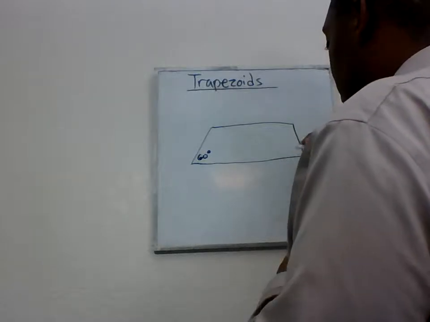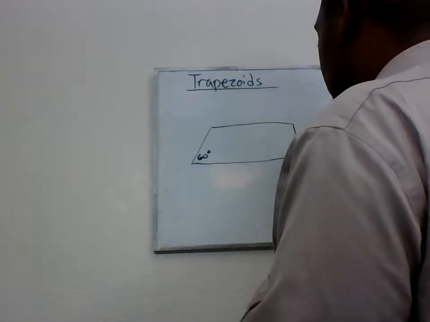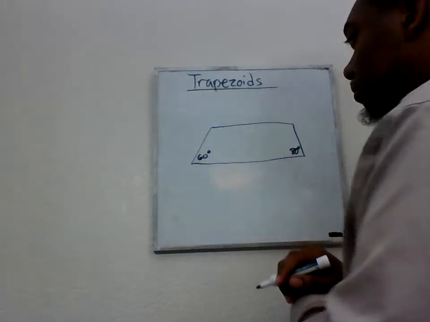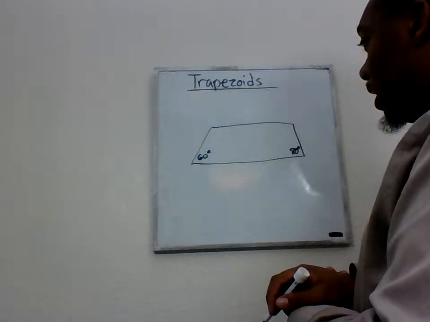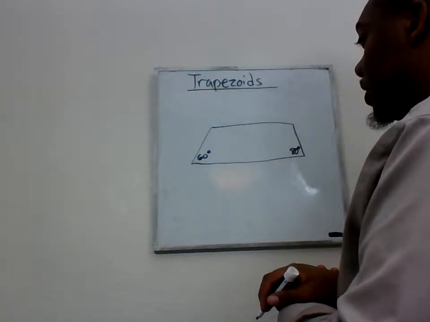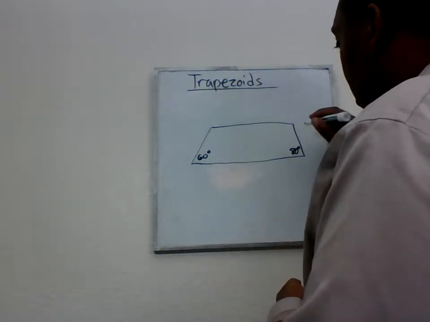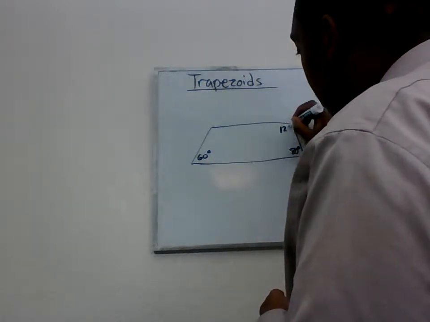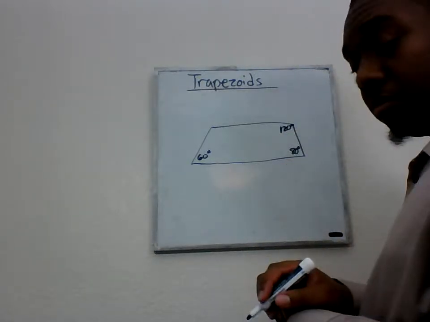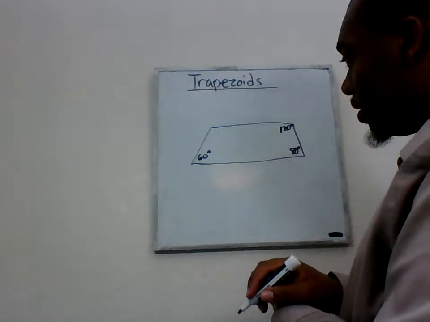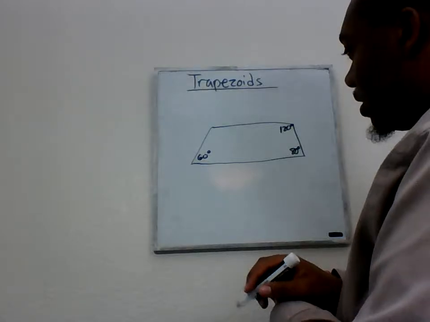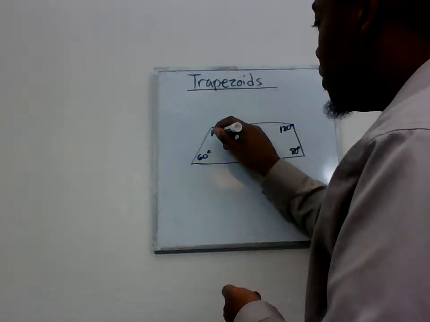And let's say that this is 80 degrees. Let's also define the other sides here. So let's say that this is 120, and then let's say that this one is 100.